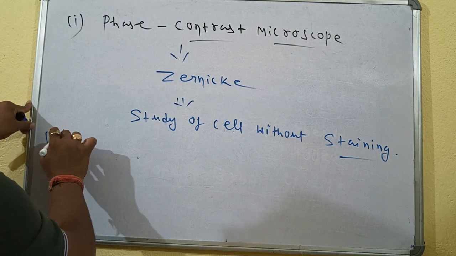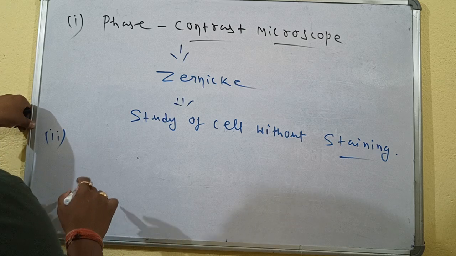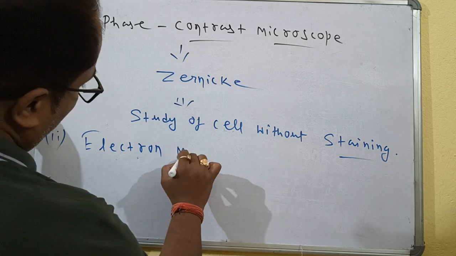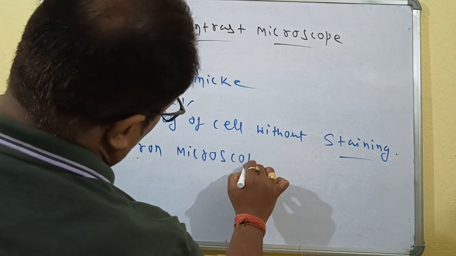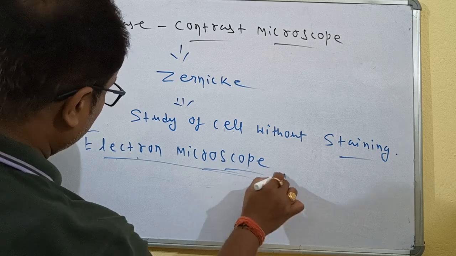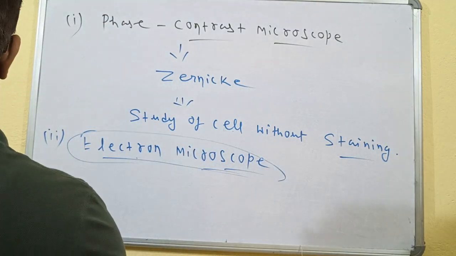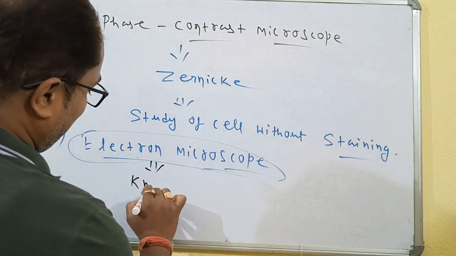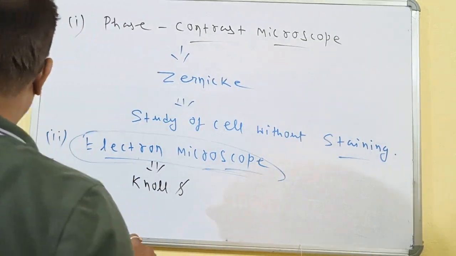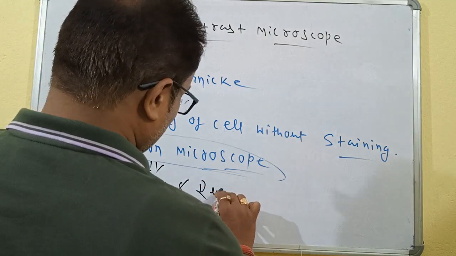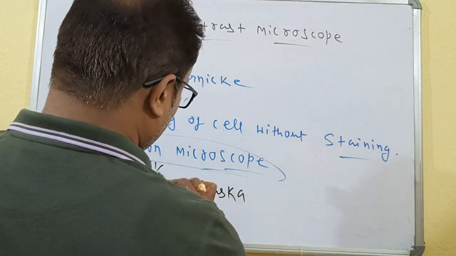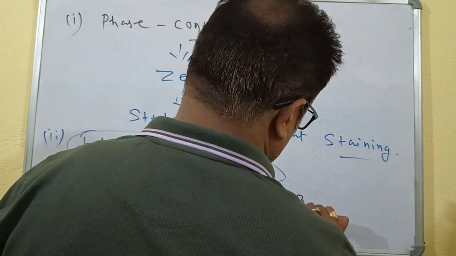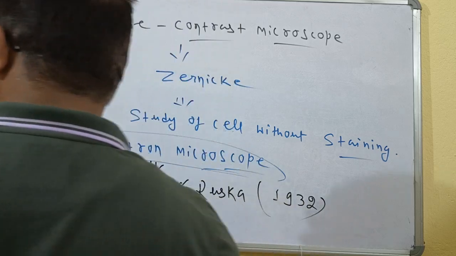Now, the second most important microscope is the electron microscope. The electron microscope was discovered by Knoll and Ruska in 1932.